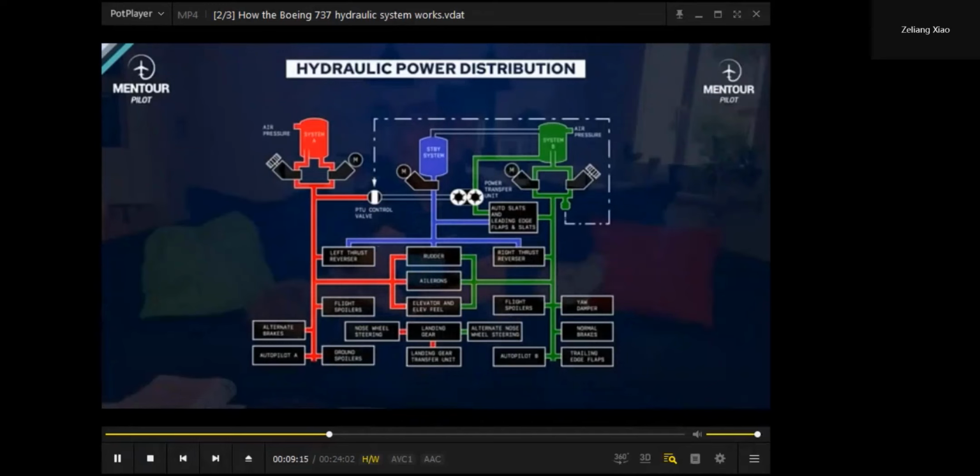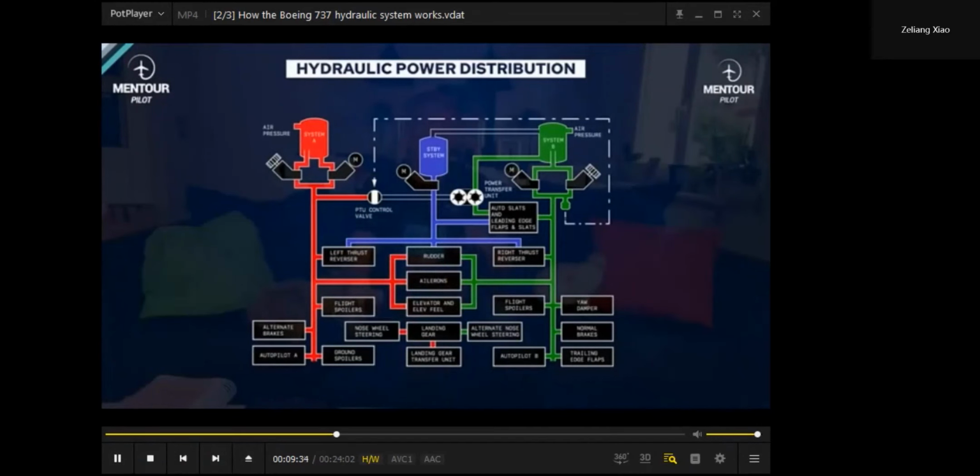And then you'll see that there is a hydraulic line going to something called the PTU, the power transfer unit. That's because system A fluid is being used to drive a motor that pressurizes system B fluid in case you need to use the power transfer unit.